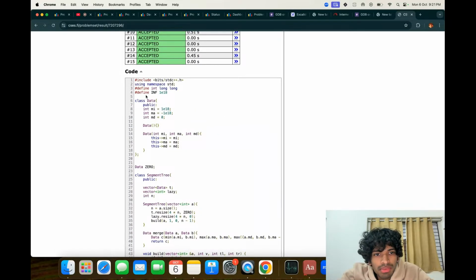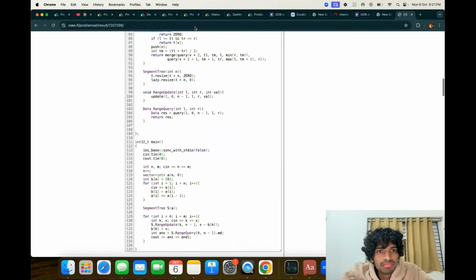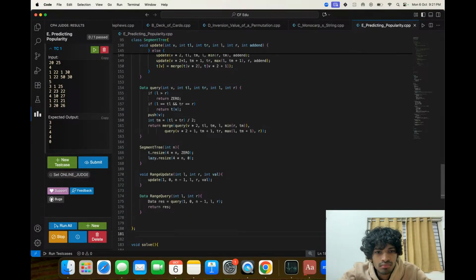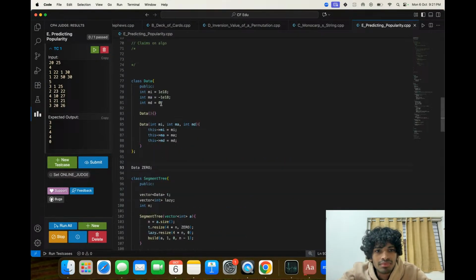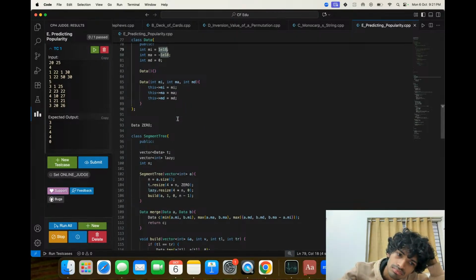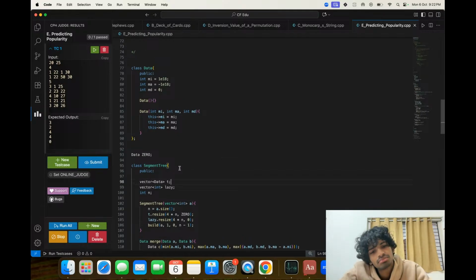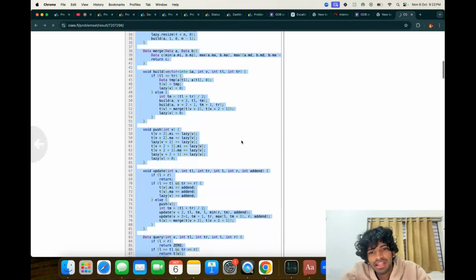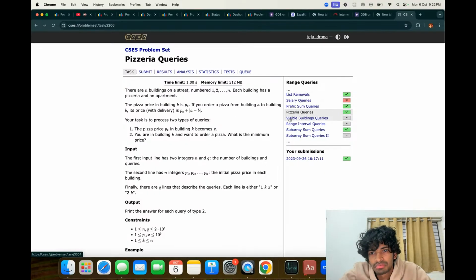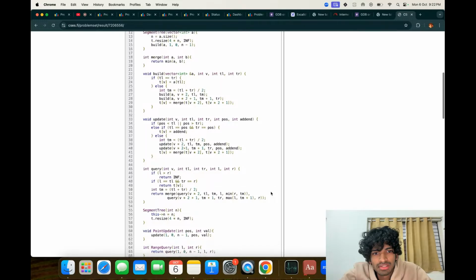So I'll just copy this one maybe. So we want... I mean, need not be this much. It can just be some lazy segment tree, I think. Does it have lazy?